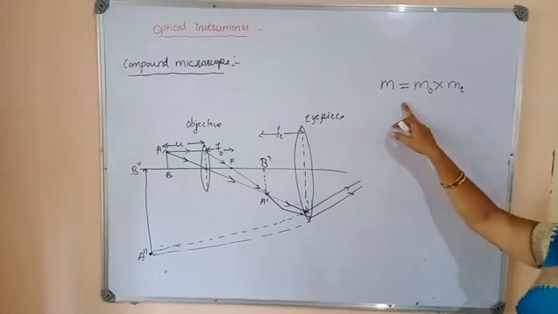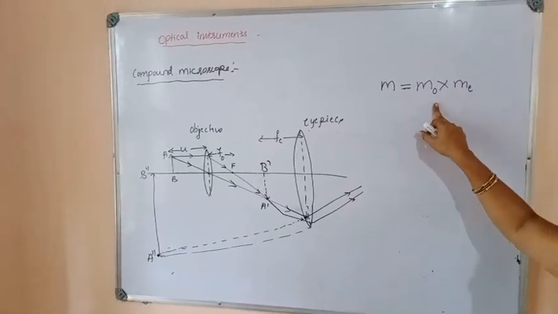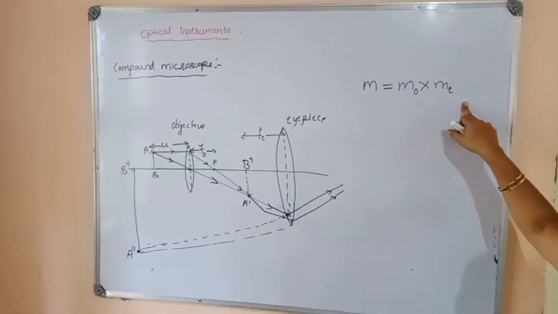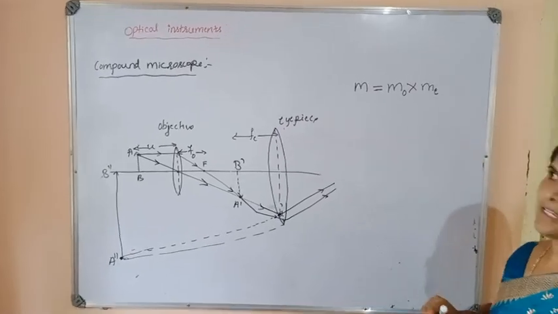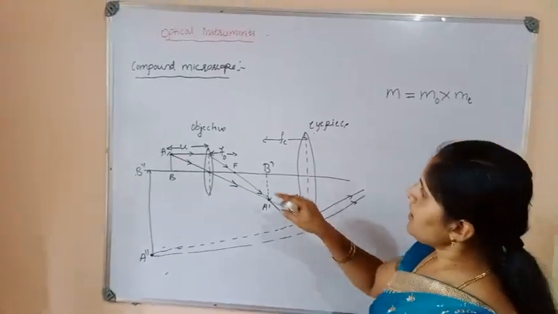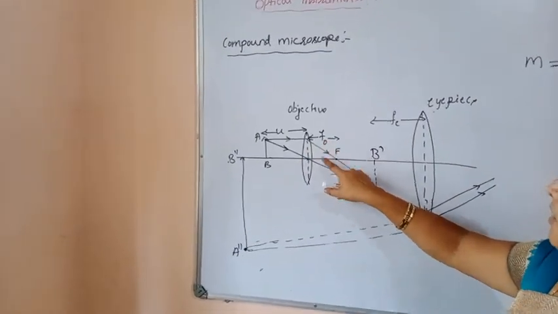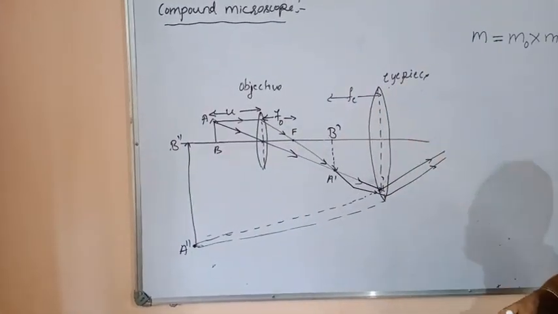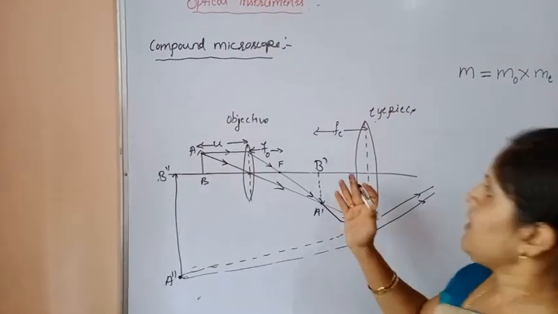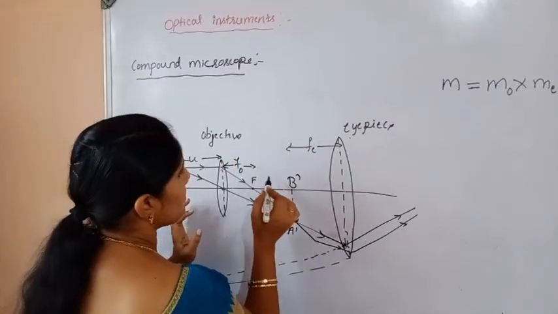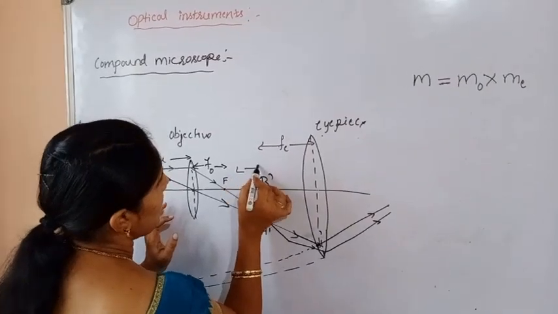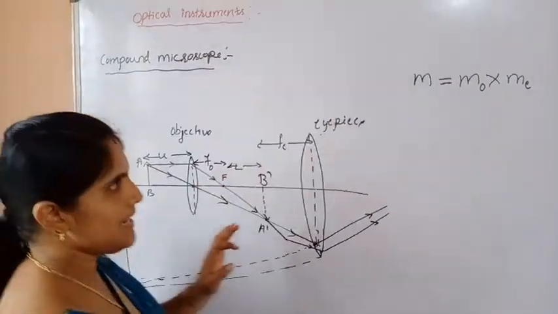So we know that this is F0. F0 is the focal length of the objective. Fe is the focal length of the eyepiece. This gap is called the tube length, that is L.